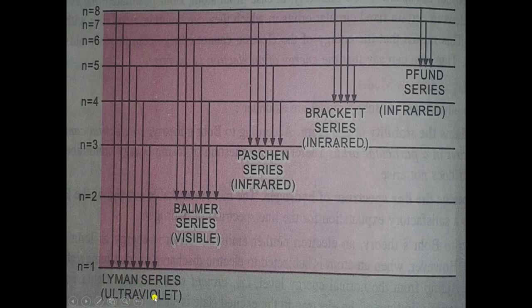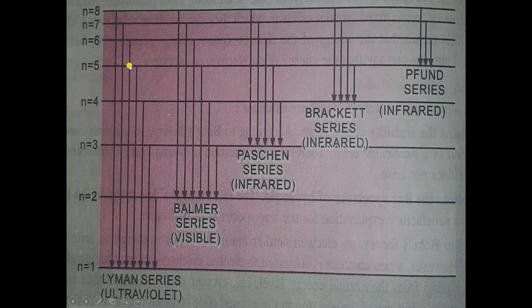Now it is also a possibility that the excited state of the electron can be n is equal to 3. So if the excited state is n is equal to 3, the electron will come back from n is equal to 3 to n is equal to 1. In the same way, it is also possible that the excited state is n is equal to 4, so the electron will come back from n is equal to 4 to n is equal to 1.